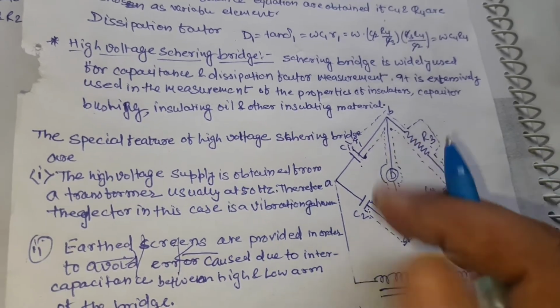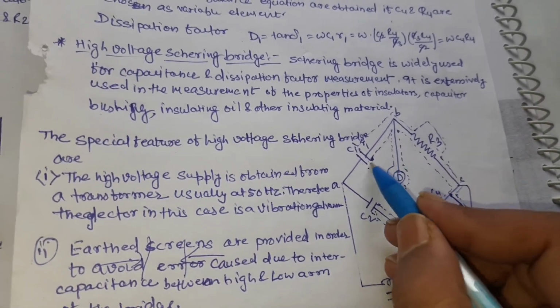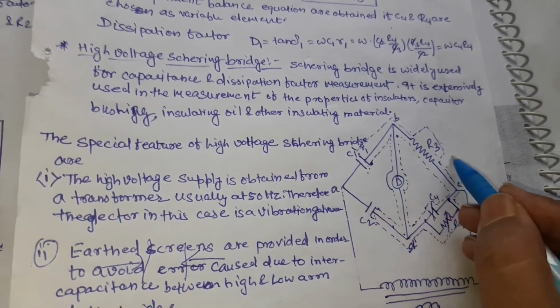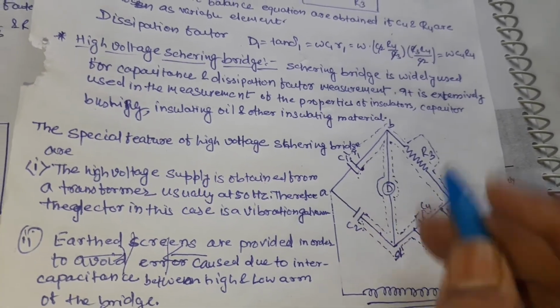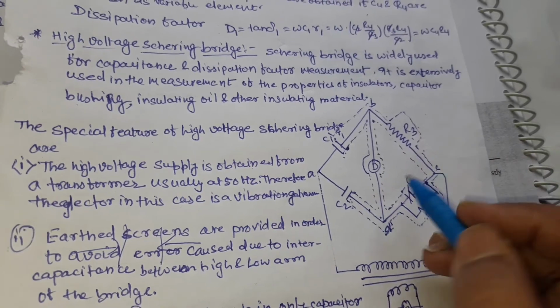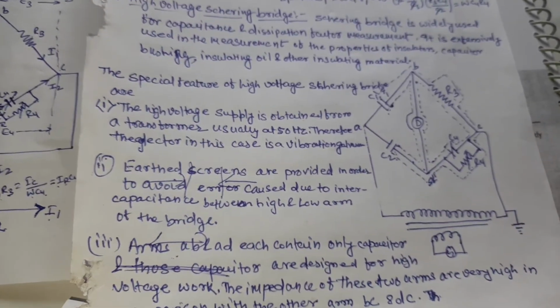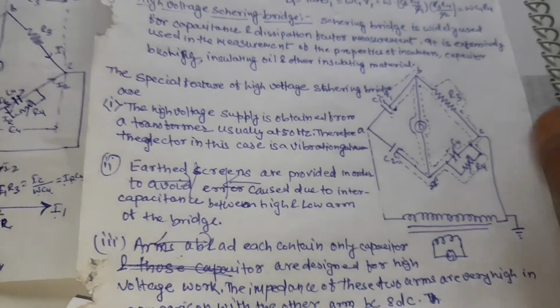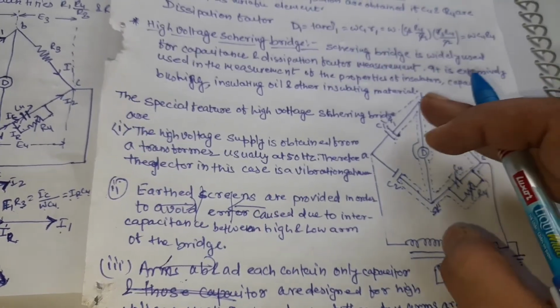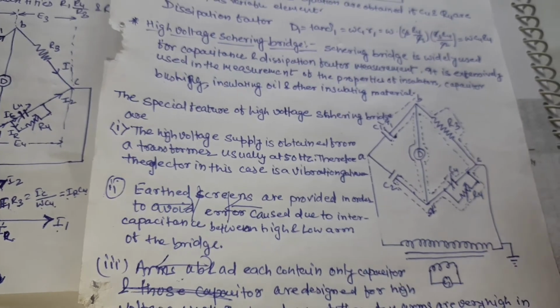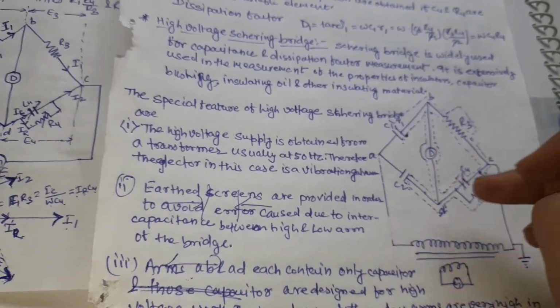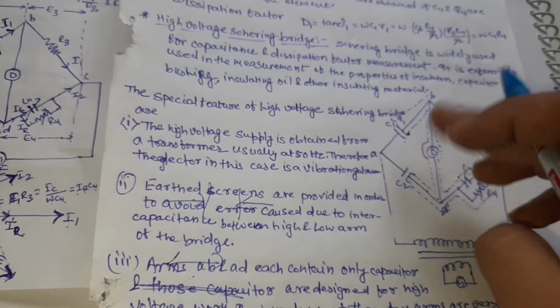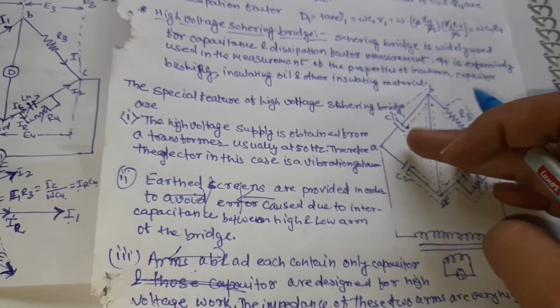So you have to shield it so that there is no leakage current between arm 1 and arm 2. Earth screens are provided in order to avoid errors caused by the intercapacitance between the high arms and low arms.